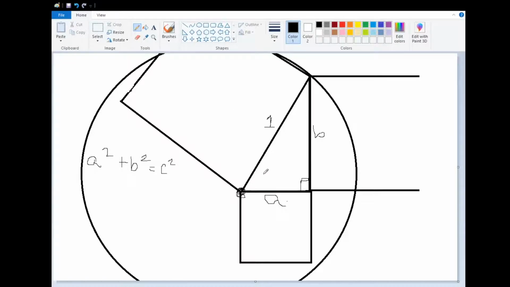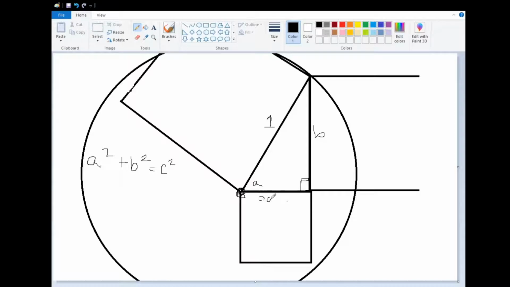Also, when you have a unit circle, that changes the meaning of a and b. So a would be the cosine of this angle. So let's say, angle A or whatever.